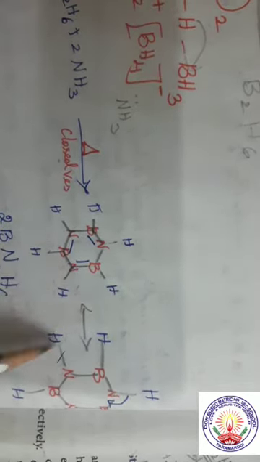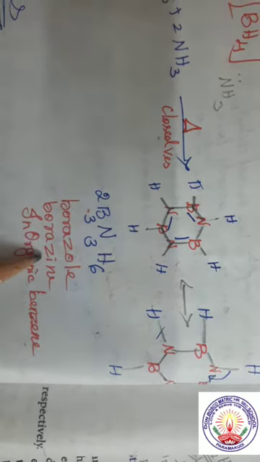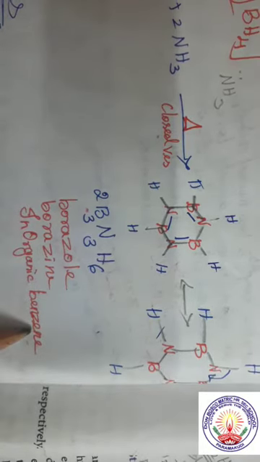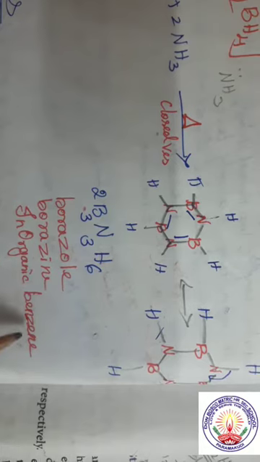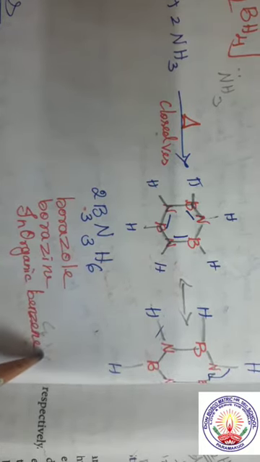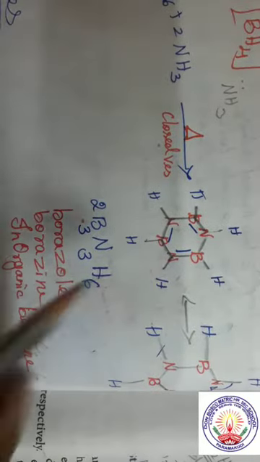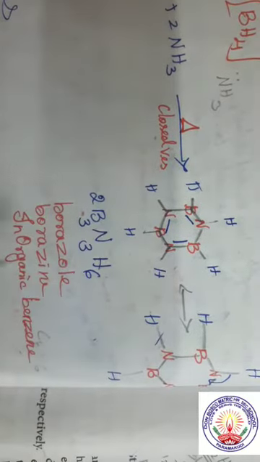This seems to be like a benzene ring which we see in organic chemistry. That is, benzene is called organic benzene. So this is also called borazine or inorganic benzene. Benzene's formula is C6H6. Here you see 3 boron, 3 nitrogen and 6 hydrogens.